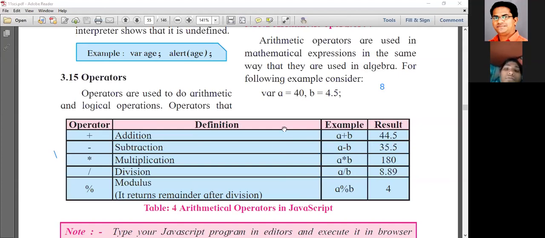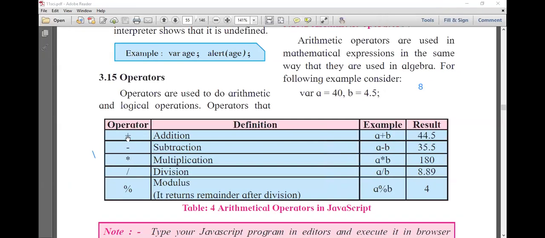So here is the table, and in this table you can see the operators. Here is the plus operator, and here is its definition. The plus operator is used for addition, and how we write it is given over here: a plus b. a is one variable, b is the second variable, and by using the plus operator we can add the values of the two variables.